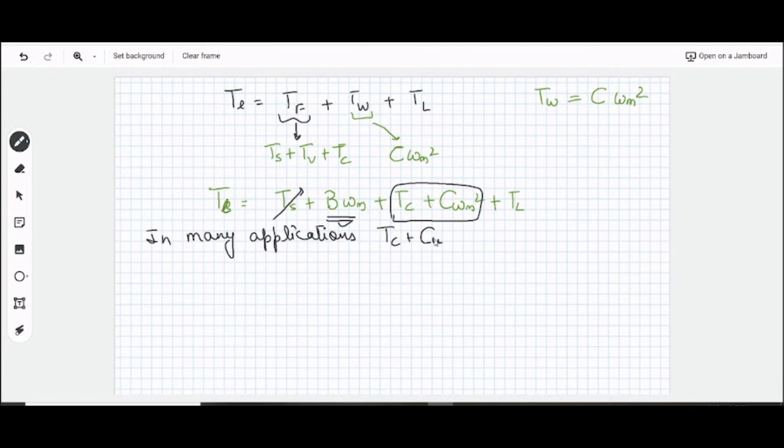TC plus C omega m square is very small as compared to B omega m, that is the viscous friction, and negligible to TL.